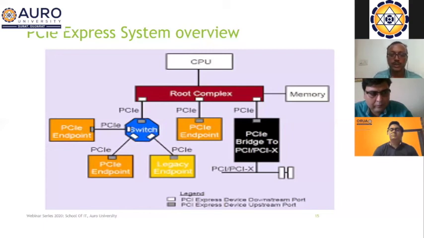Similarly, the switch is used. In this root complex, there is just one slot, but you need to connect three endpoints to it. You cannot do that with just one slot. So you connect a PCI switch, and suddenly you have many slots to connect more devices to the same system. Am I making sense?